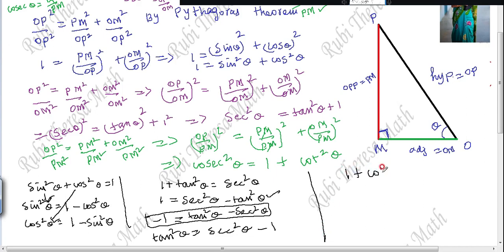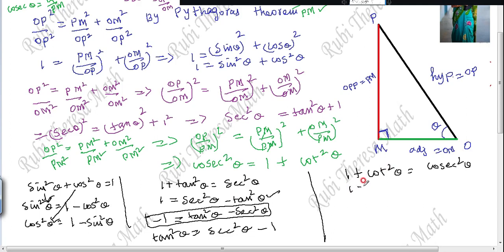Next one. 1 plus cot squared theta equal to cosecant squared theta. This is how you will remember C. Many students change it and write 1 plus tan squared theta equal to cosecant squared theta. No. 1 plus cot squared theta equal to cosecant squared theta.